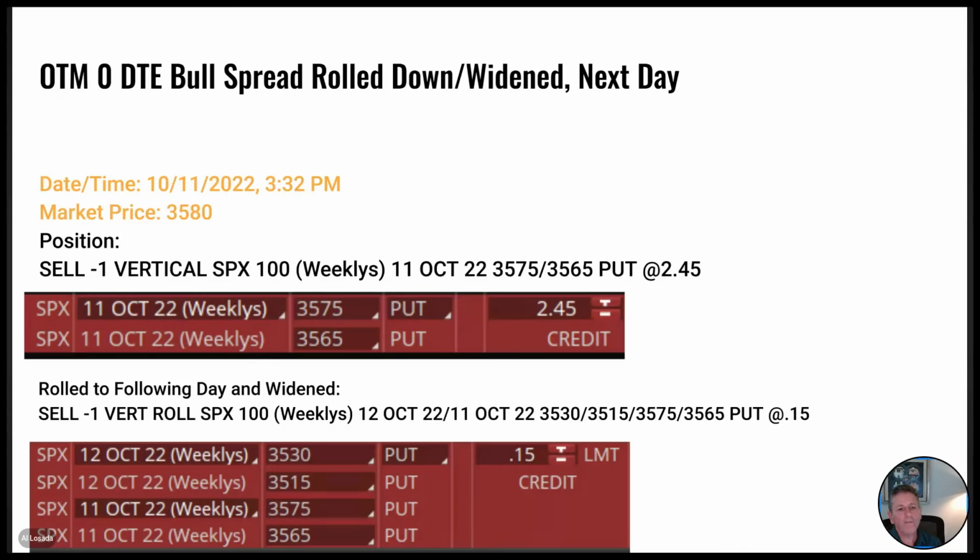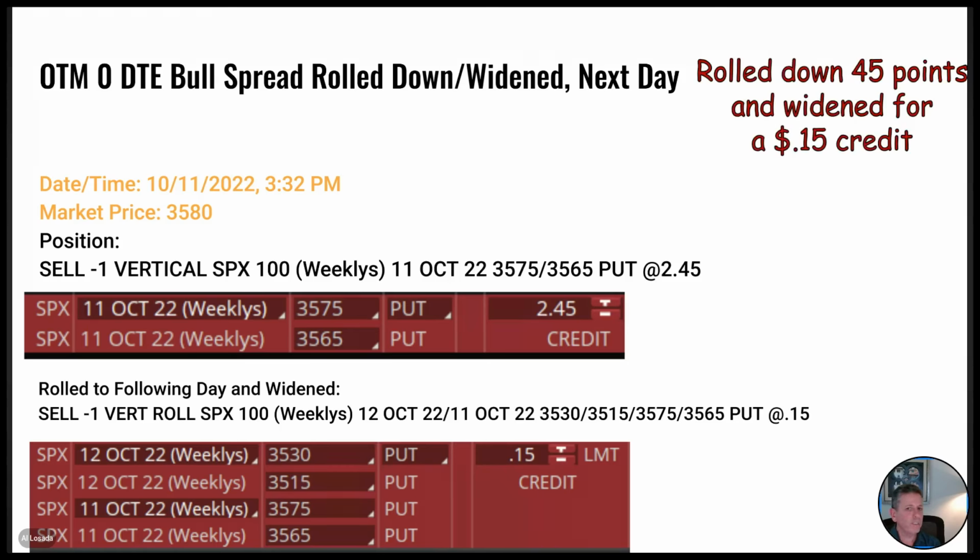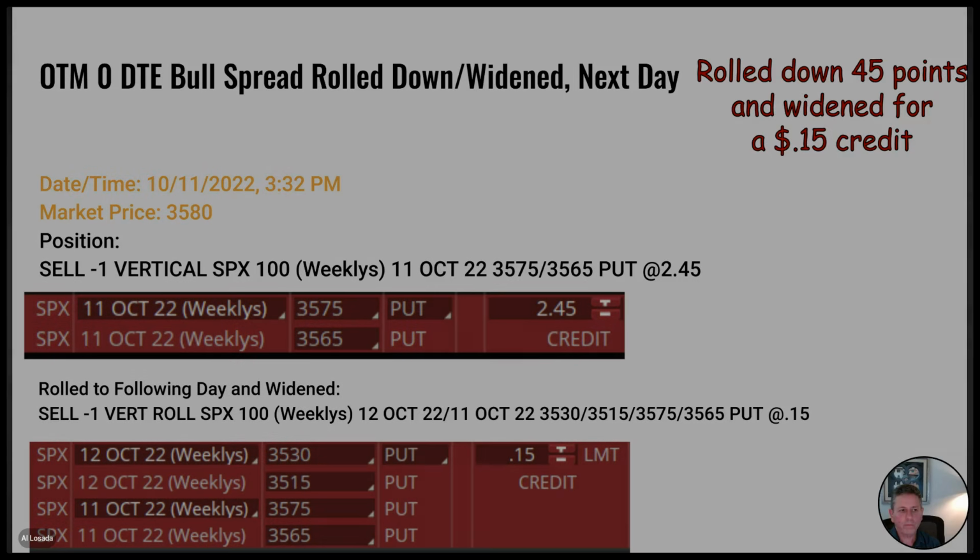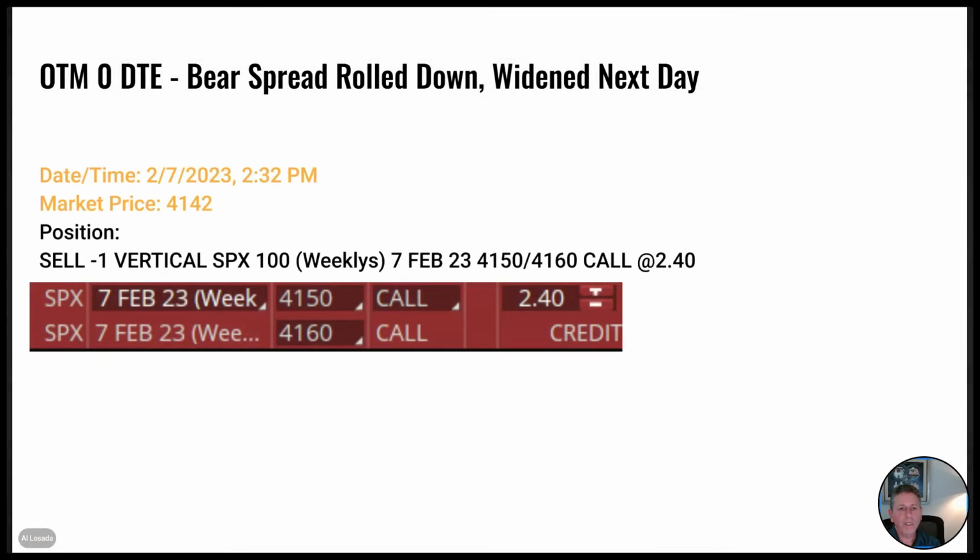This takes you away from that threatened position quite a bit. So you're in that 245, and now you want to get a credit on this, right? Let me see how much this was. It's 45 points down with a 15-cent credit. And these threatened trades are easy, nice. You get away from it.